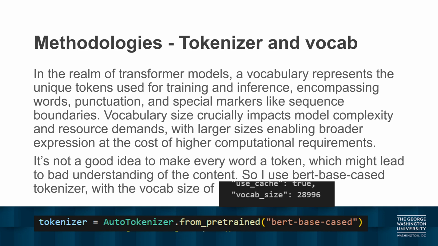It's not a good idea to make every word a token. If I throw in a passage which contains vocabulary that the model has never met before, it will cause trouble.